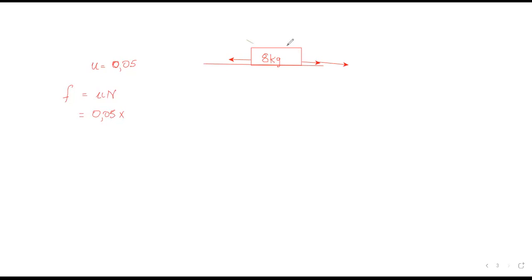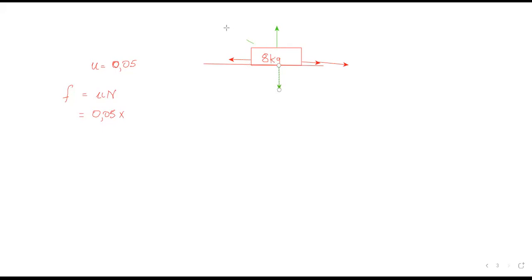We have here the normal going this way. We also know that we have the weight going that way. Those two must be equal.